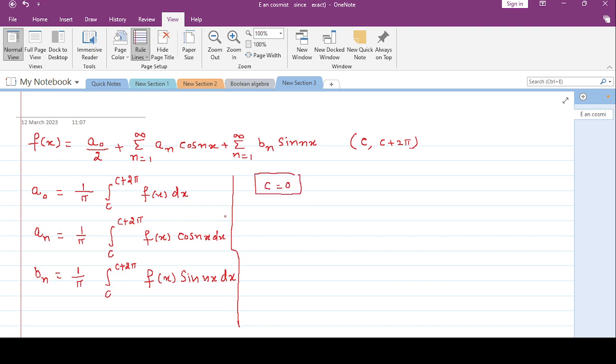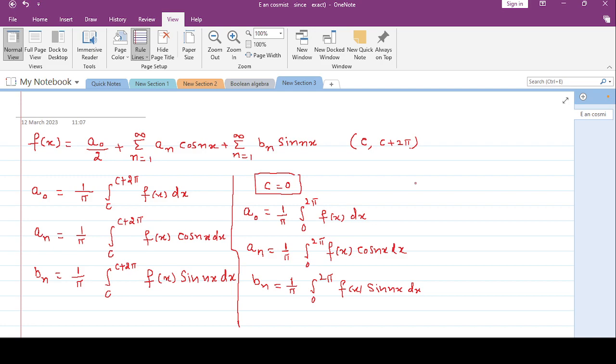If I set c value equal to 0, then this a naught is equal to 1 by pi integral 0 to 2 pi f(x) dx, and a_n is equal to 1 by pi integral 0 to 2 pi f(x) cos nx dx, and b_n is equal to 1 by pi integral 0 to 2 pi f(x) sin nx dx.